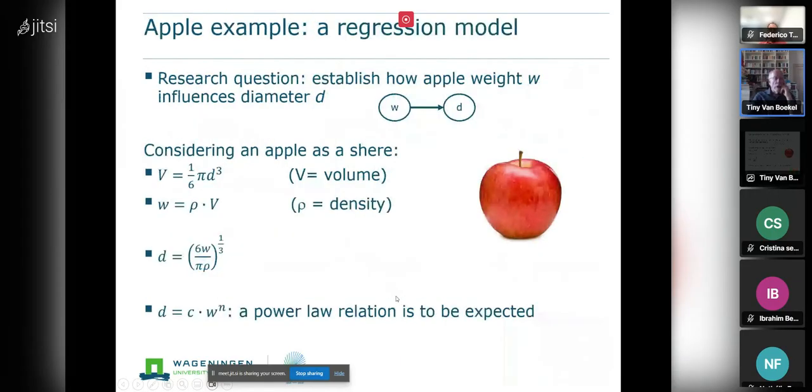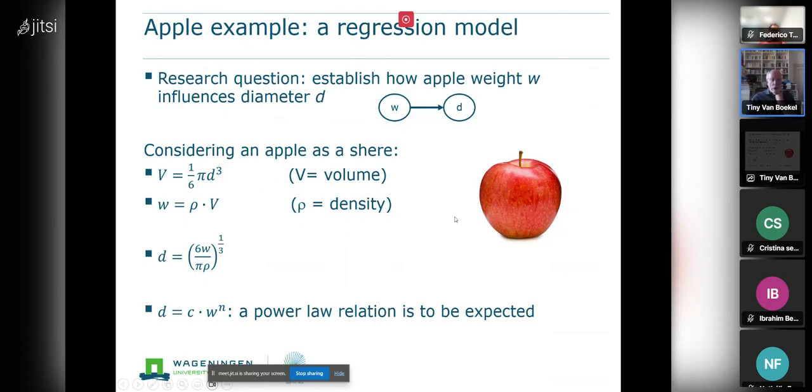Okay, let's start with the apple. The research question that I had was, how is apple weight influencing the size, the diameter, D? So a very simple research question: is there an effect of weight on diameter?